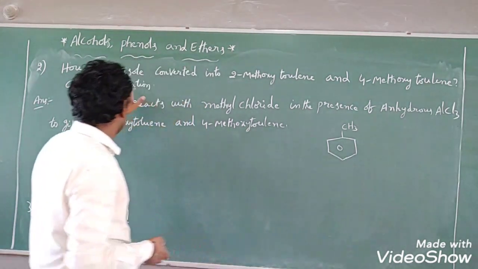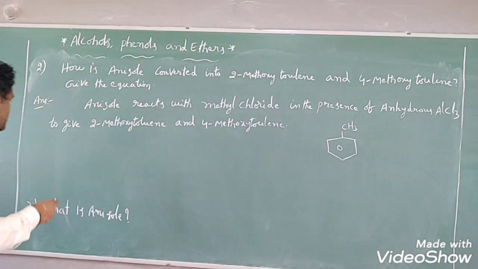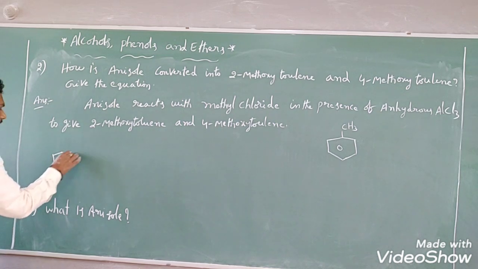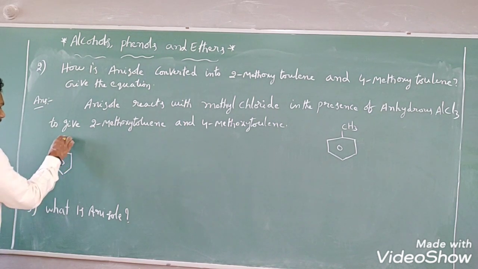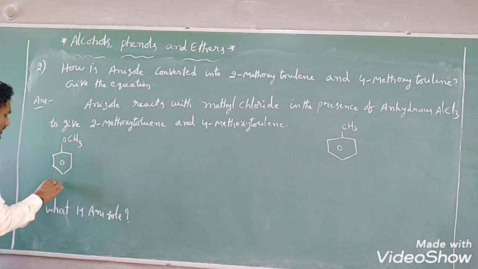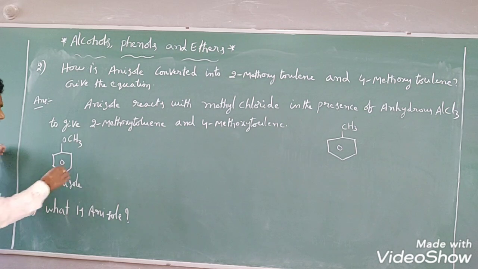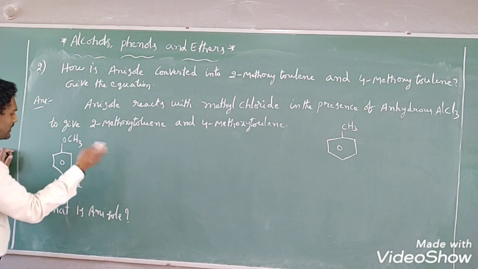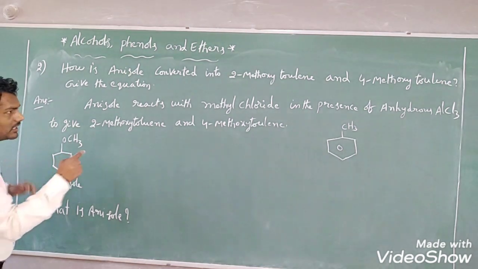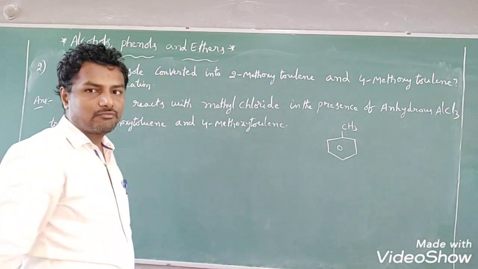On benzene, if you take OCH3, we call that anisole. On this anisole, if an electrophile like CH3+ attacks at the ortho or para position, we will get 2-methoxytoluene and 4-methoxytoluene.